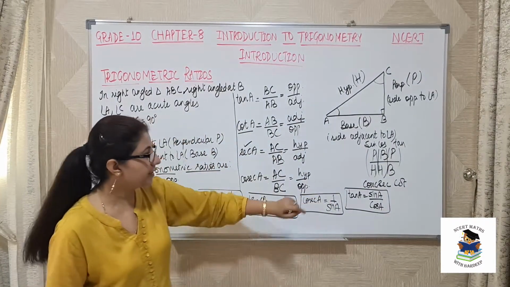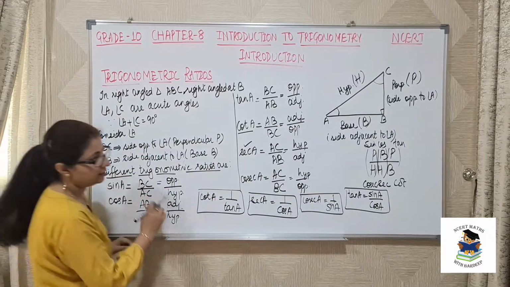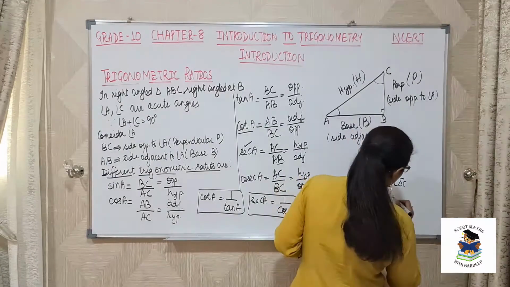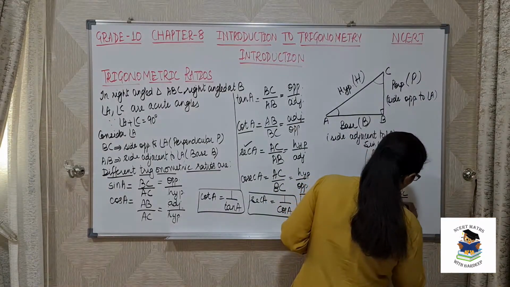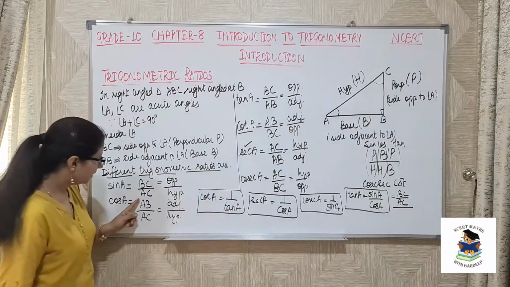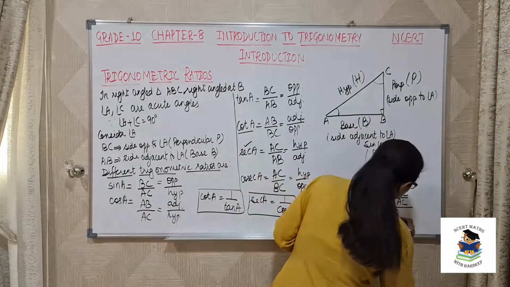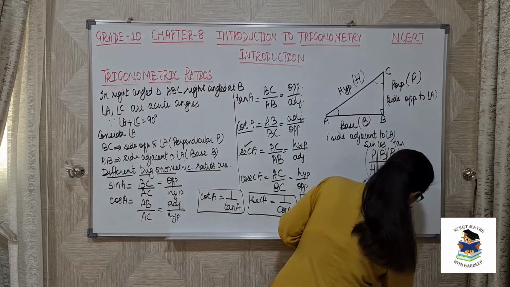So let's prove this. What is the value of sin A? This is BC over AC. Okay, so if I write it here, this is BC over AC. Cos A is AB over AC. Okay, so this is AB over AC.